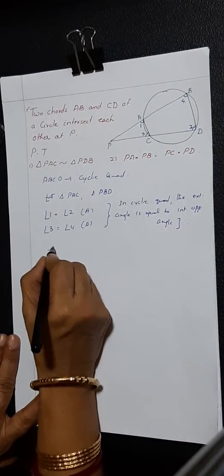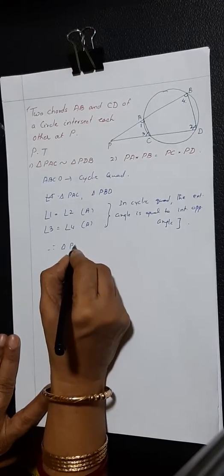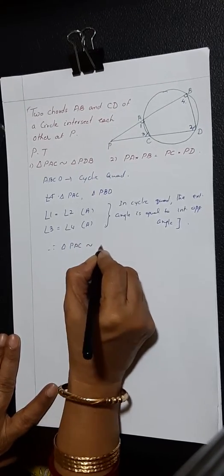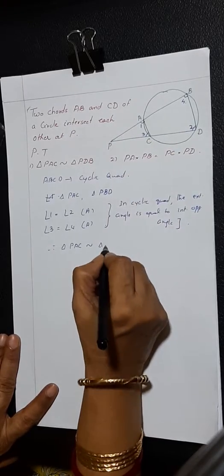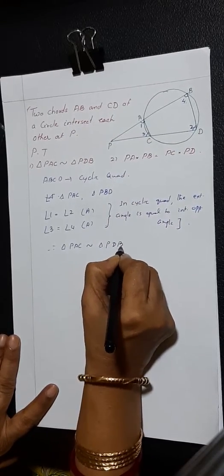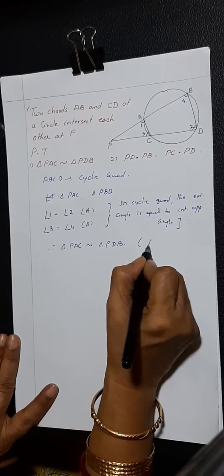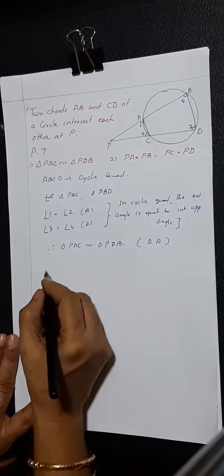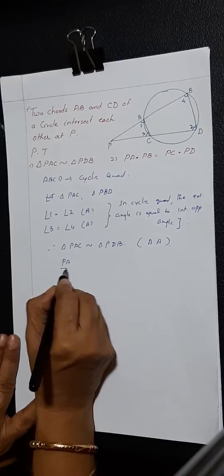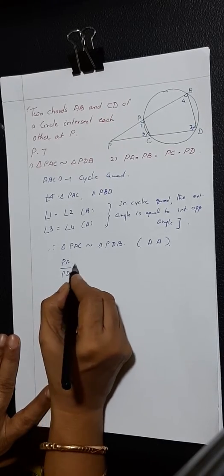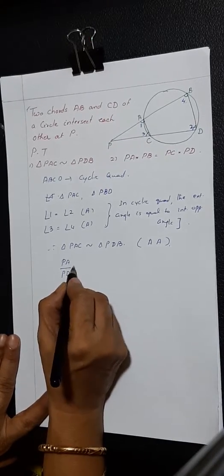So from this we can say triangle PAC is similar to triangle PDB, by the similarity criterion. Now we will write down the proportional sides.